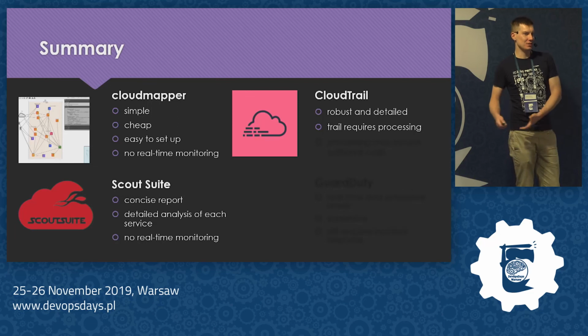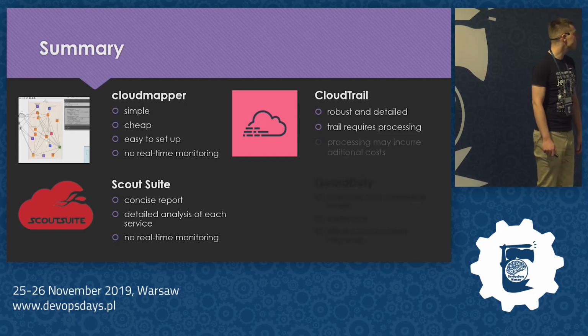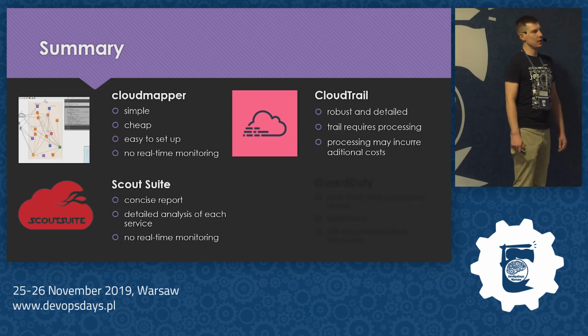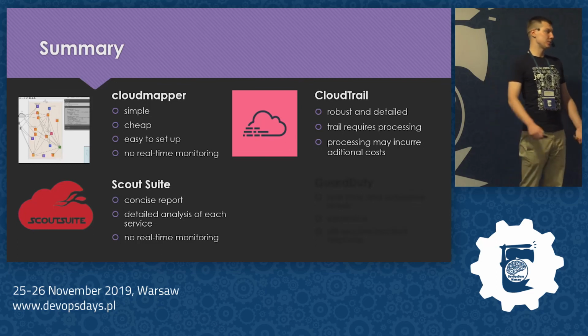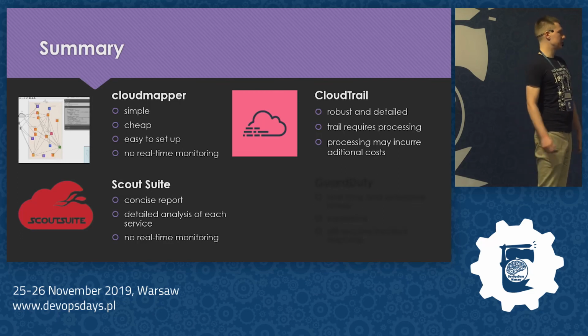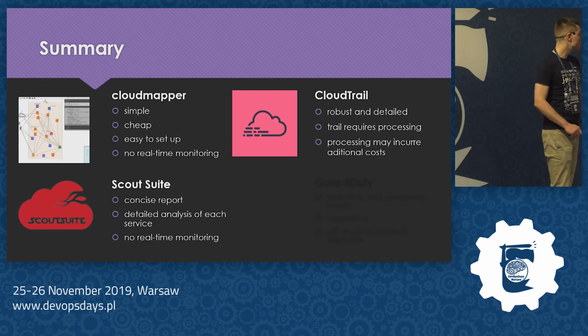Obviously, once something happens and you want to go back to it, it's still worth having them somewhere. And obviously, processing may incur some additional costs. So this alerting pipeline that I was showing there, if you need to set up an S3 bucket, an SNS topic, then obviously an Elasticsearch instance, it costs a bit more money and time to manage it.